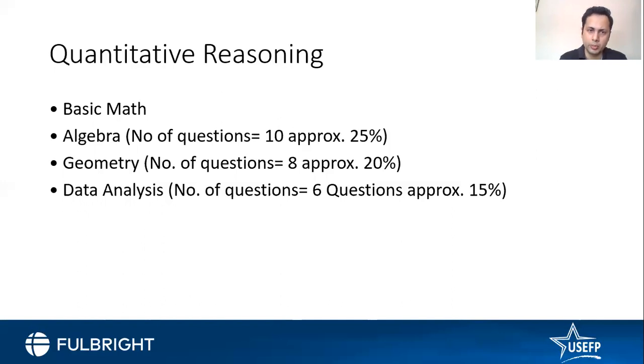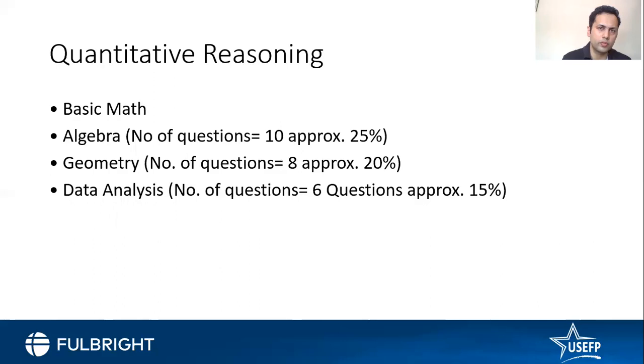If a question has shapes, such as a cylinder, circle, triangle, some sort of shape, it classifies as geometry. And if a question has a pie chart, bar chart, or statistical data, that falls into the category of data analysis.